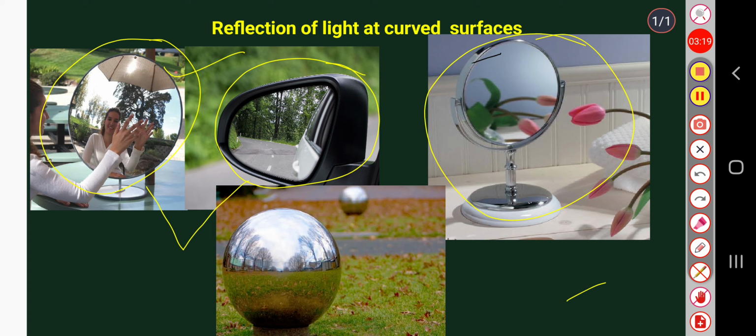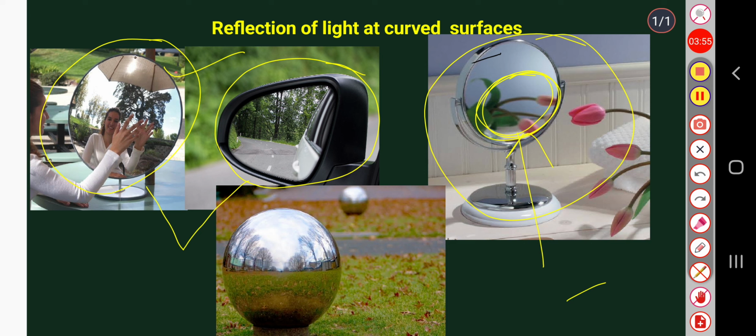You see here, the size of the image, though the photograph is not right, the size of the flower should be enlarged compared to the object here. It is visible that the size of the image is diminished as you see, but the concave mirror always forms an enlarged image. Remember this. So these two mirrors are curved surfaces. They are spherical mirrors. Now let me tell you why we call these mirrors spherical mirrors.